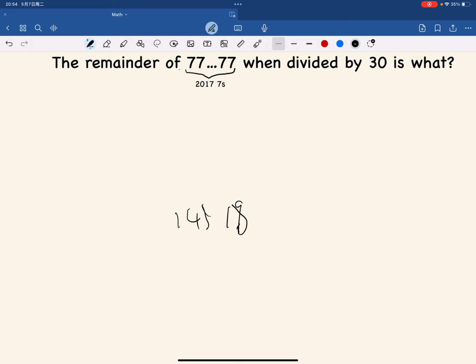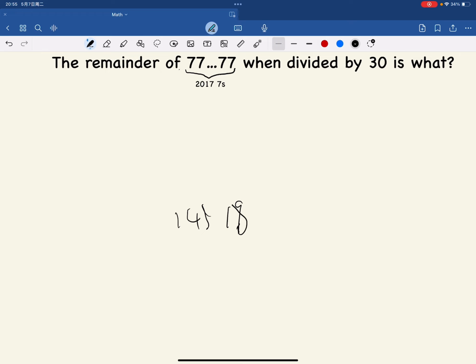But how do we make it divisible by 10? Apparently this method won't work if we do it like this. But to make it divisible by 10, we just need to change the last number from a 6 to a 0. And by changing that, we still need to make sure it's divisible by 3.